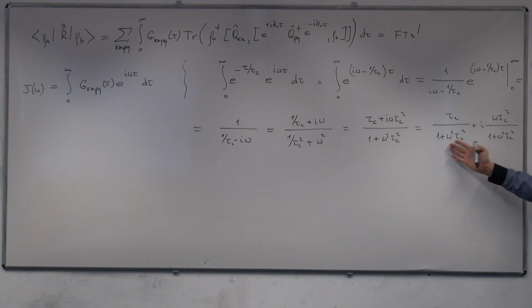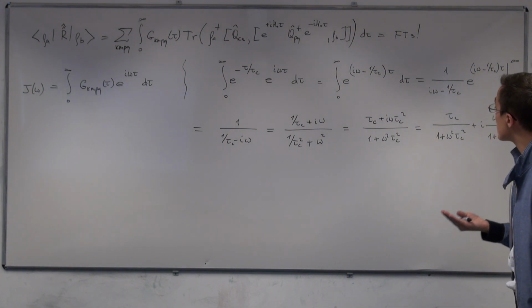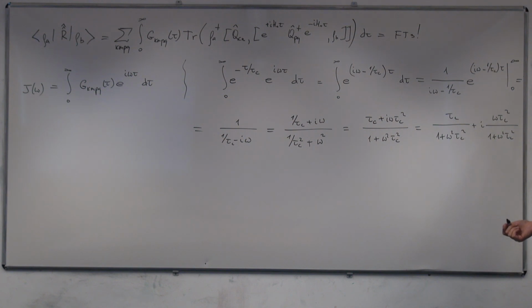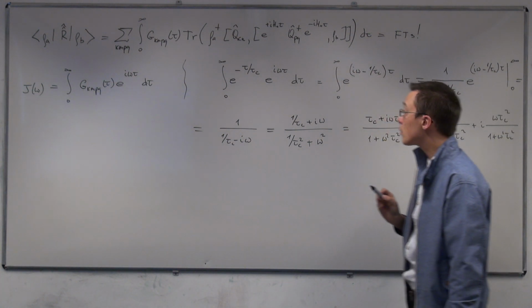Now, the real part of this is a Lorentzian function with respect to omega, and this is where all those Lorentzian curves that you've probably seen already in relaxation theory are coming from. And this imaginary part is fairly small. Typically, these omegas are in the range of gigahertz, so the frequencies that we commonly encounter as part of H0.